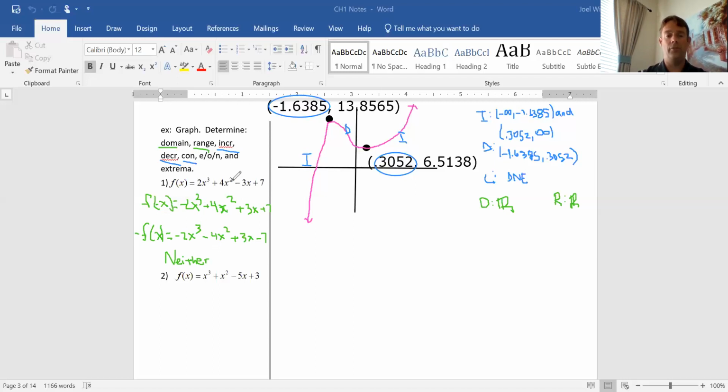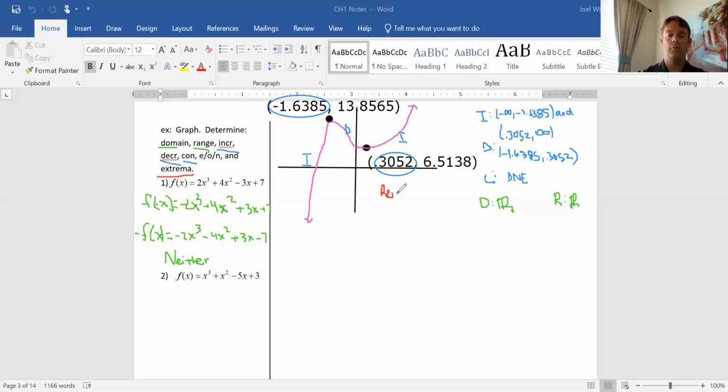And last and certainly least, our extrema. That's our relative min and relative max. So here's our extrema. That just means relative min and relative max. So my relative minimum is this value right here.